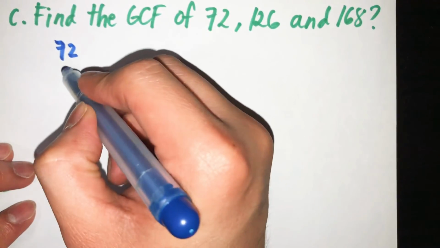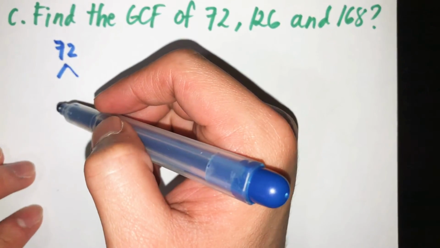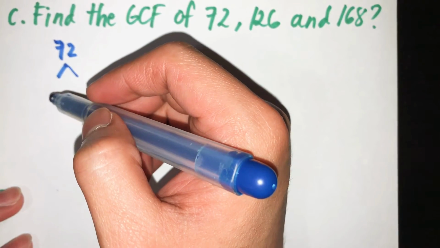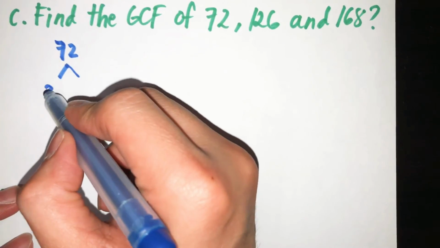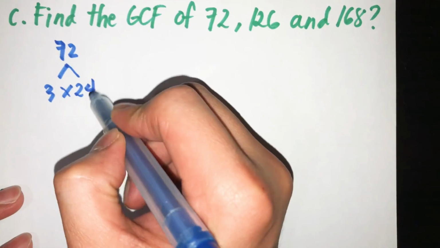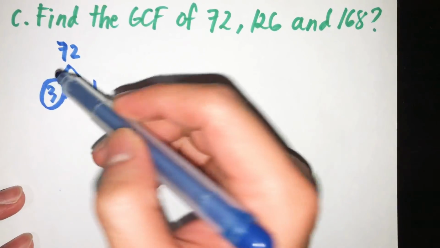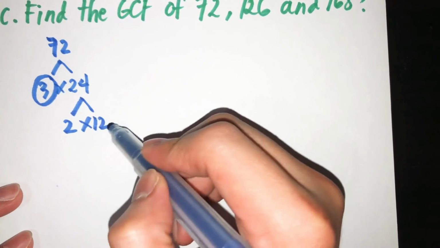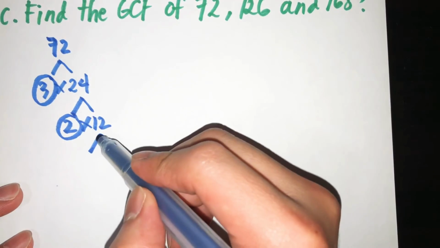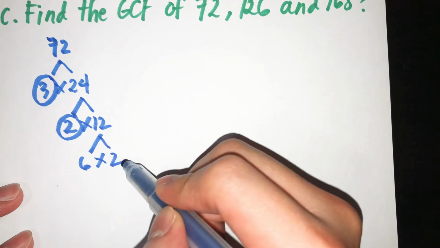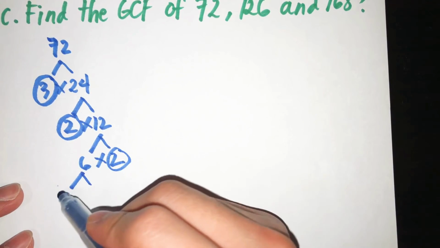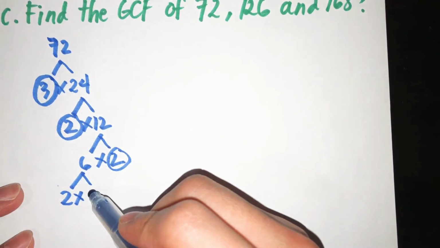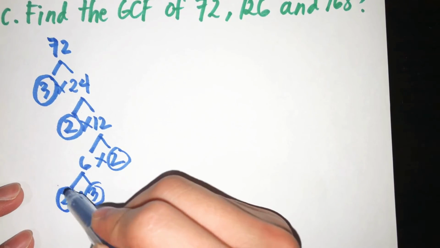So 72, we have 3 times 24. Then you have 2 times 12, 6 times 2, then 2 times 3. Okay?